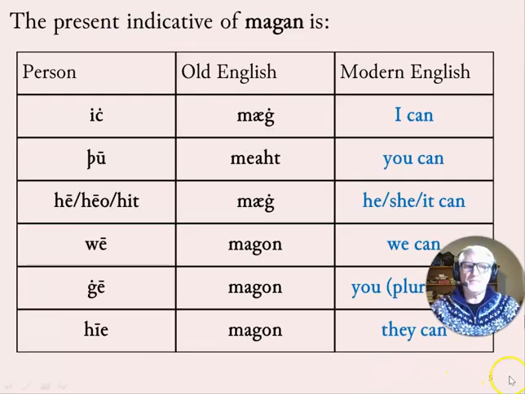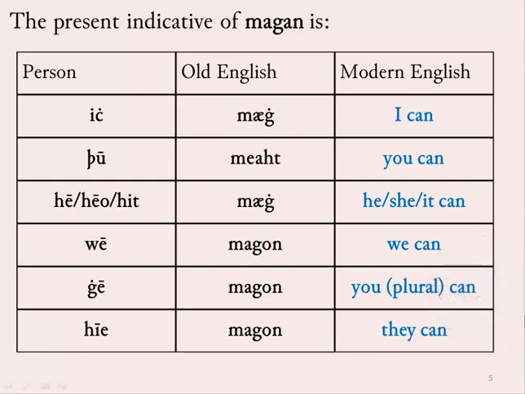All right, so the present indicative of machen, so present tense. Ich may, I can. Remember we're in the present tense here. Du möcht, you can.